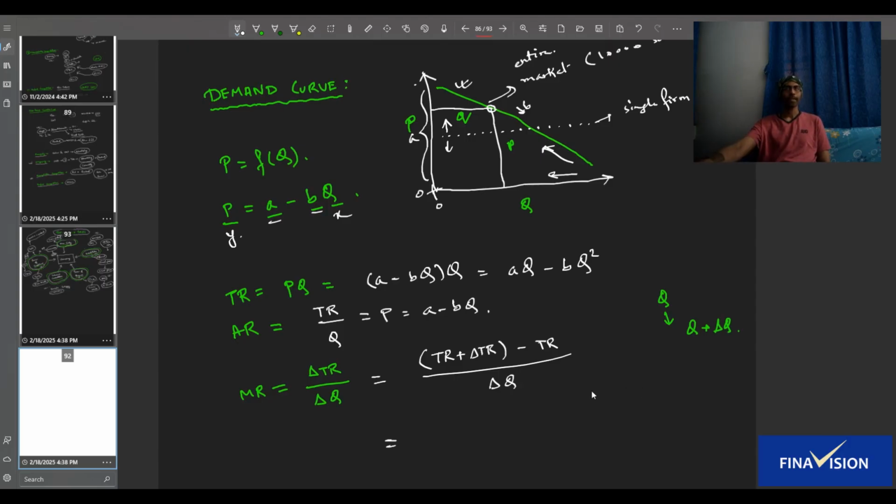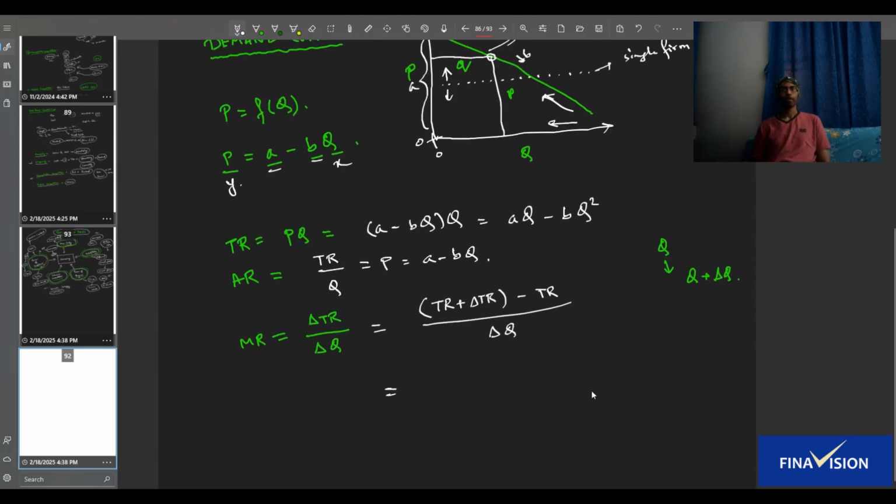If we solve this, now this TR + del TR is basically the total revenue when the Q is Q + del Q, right?